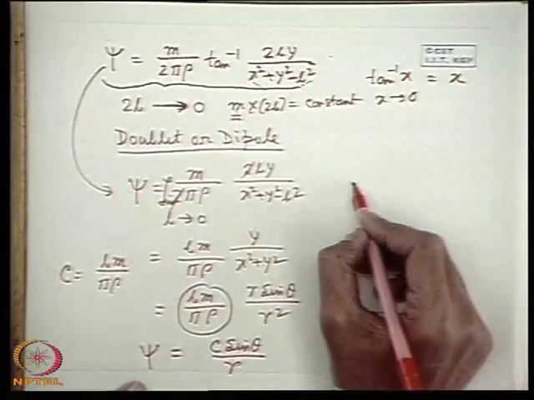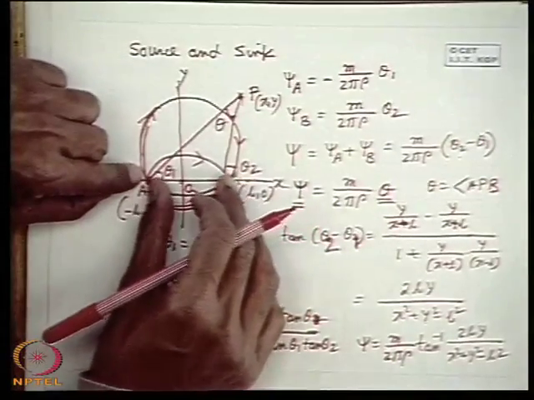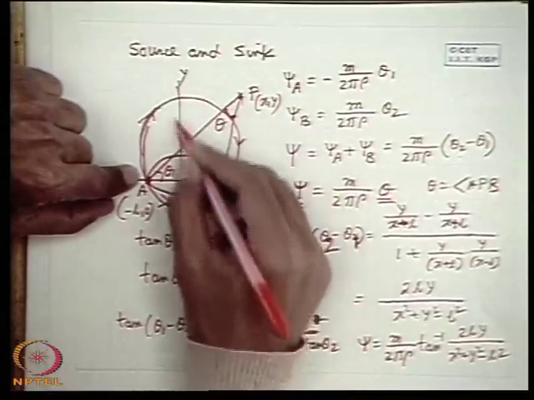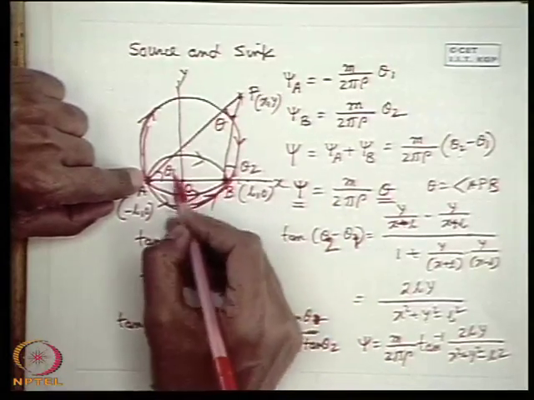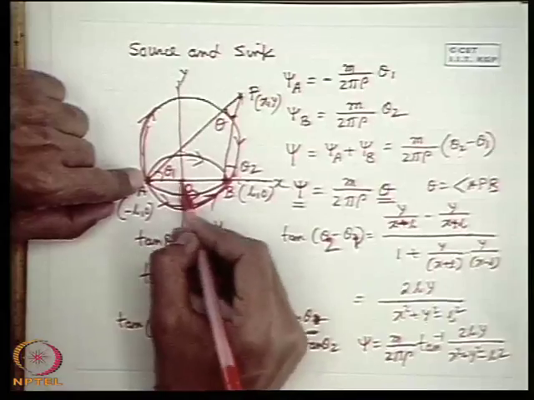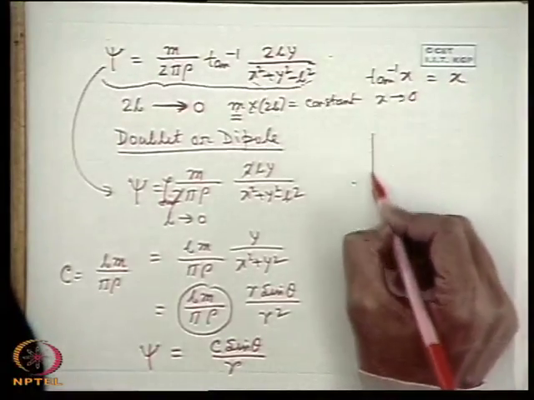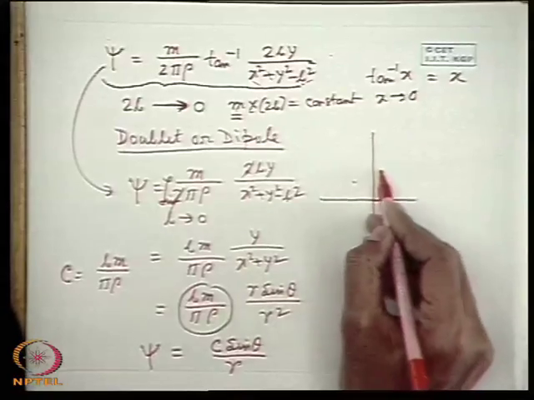So dipole will be like that. When you see this, source and sink will approach each other, this angle will become 0, and ultimately these circular arcs with AB as the base chord will become circles tangent to the x axis at the origin.